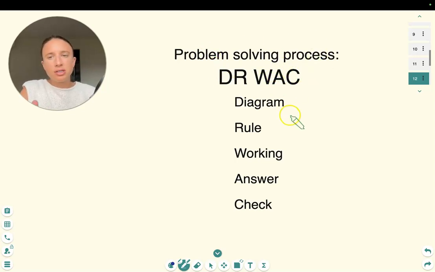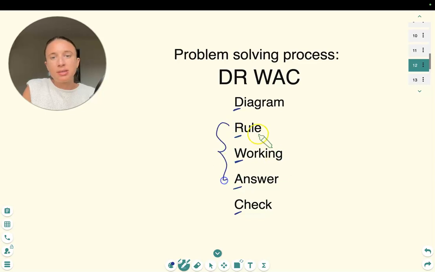Problem solving process. We're going to look at some worded problems, and this is the process we're going to follow. Dr. Whack. Keep this in your mind. It stands for diagram, rule, working, answer, check. This is what I always check off in my mind when I'm doing problems, particularly this bit: rule, working, answer.